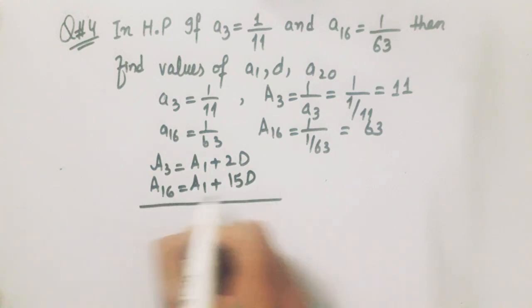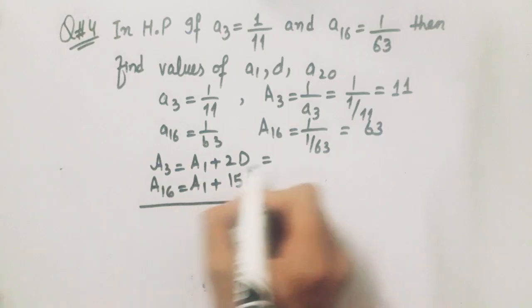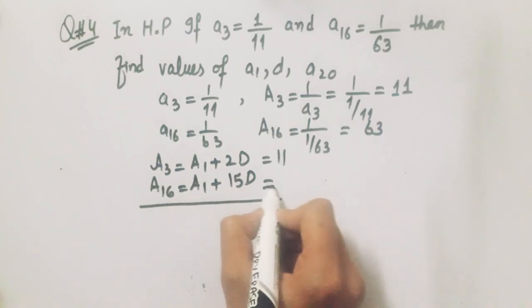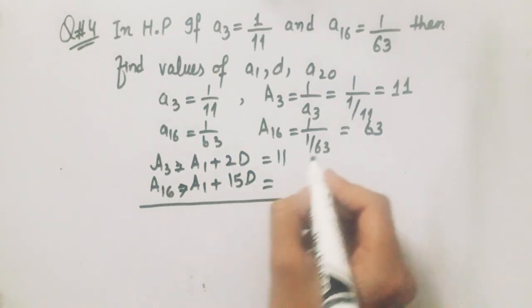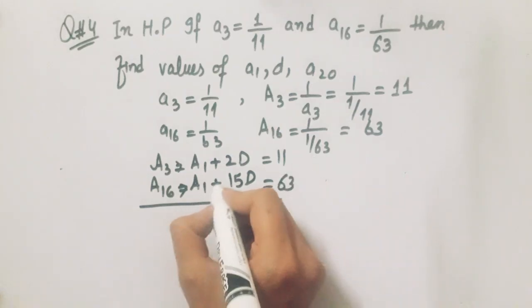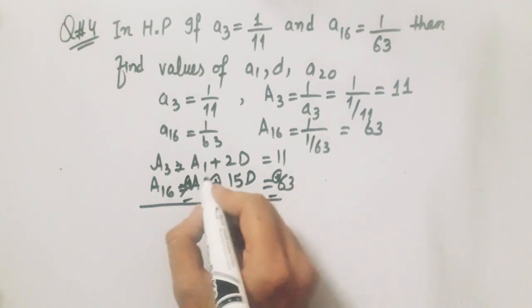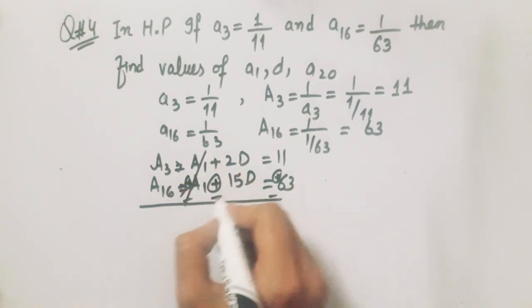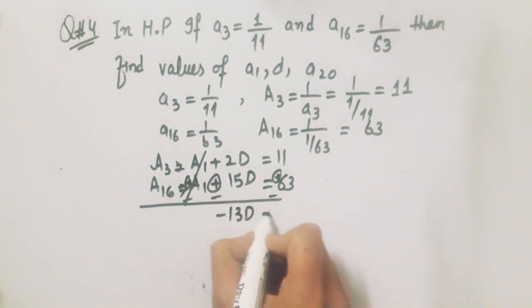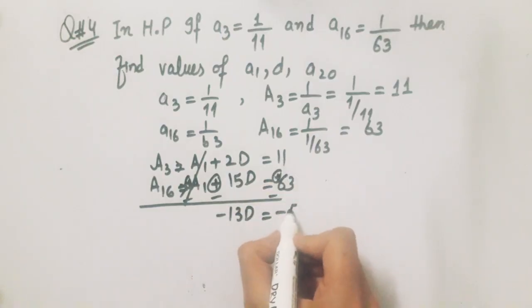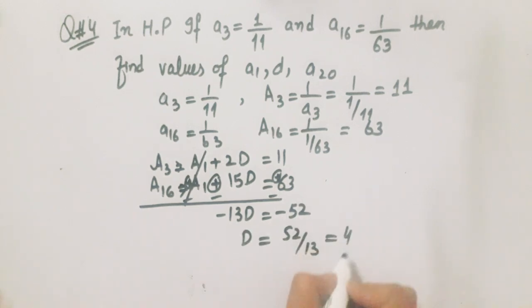Now you will subtract both of these. Put the value of A3 equal to 11 and the value of A16 equal to 63. By subtraction, A1 and minus A1 cancel out. 2D minus 15D is minus 13D, and 63 minus 11 is minus 52. So D is equal to 52 by 13, which is equal to 4.